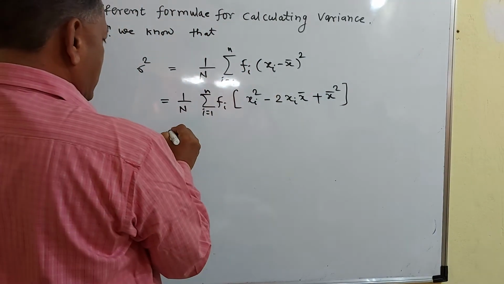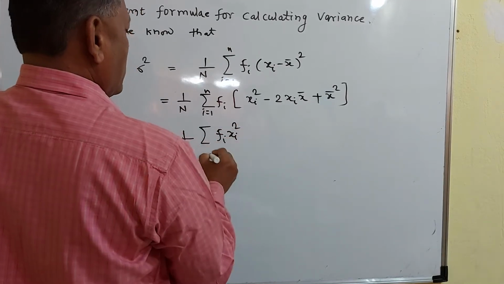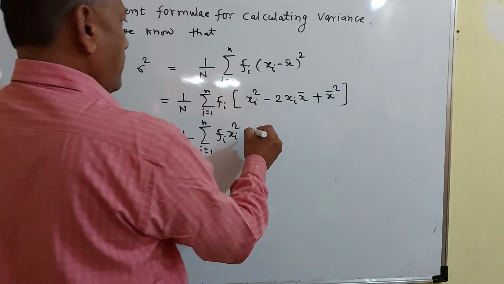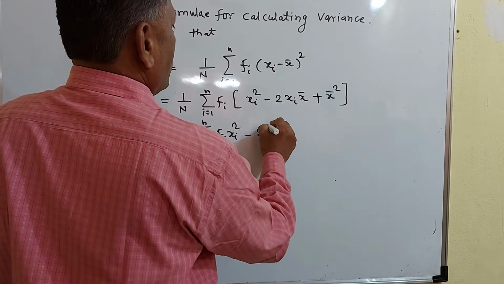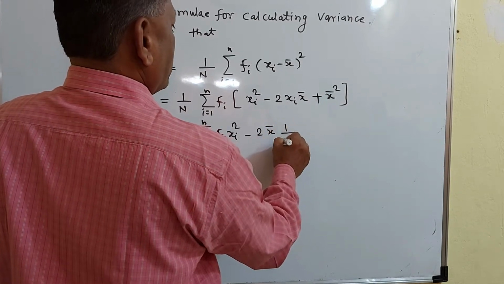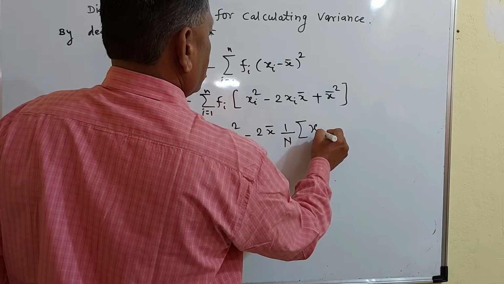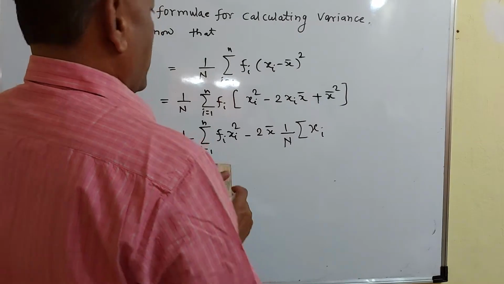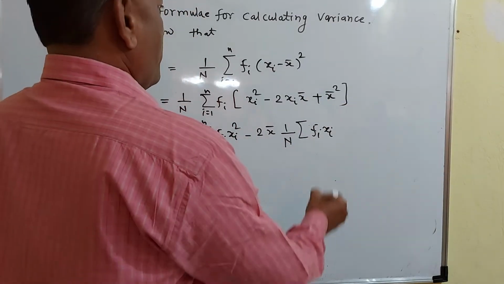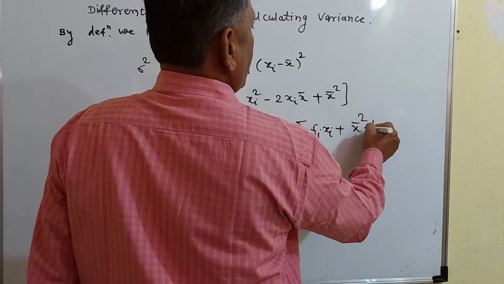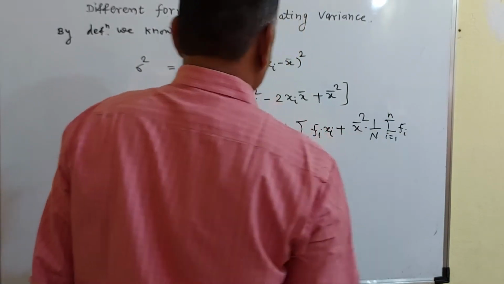By the distributive property of summation, this can be written as 1 upon n summation of fi into xi square, i going from 1 to n, minus 2 is constant, x bar is constant, out of the summation sign, 2 x bar into 1 upon n summation of xi into fi, plus x bar square is constant, into 1 upon n into summation of fi, i going from 1 to n.